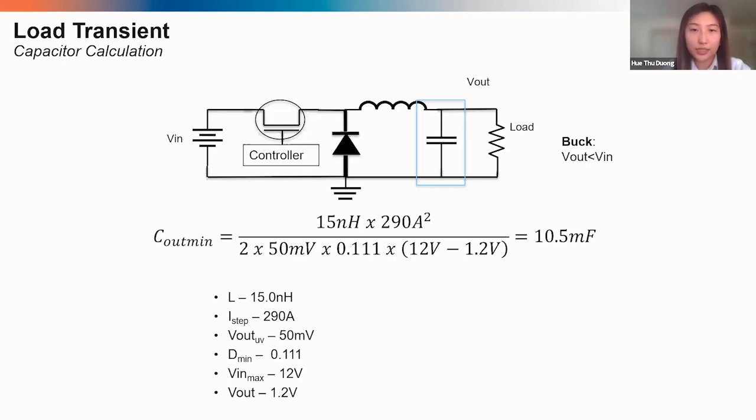And that gives us 10.5 millifarads. So we'll need 10.5 millifarads on our output to act as a reservoir of capacitance in case of any load fluctuation events or low transient events, and ultimately protecting the circuit.